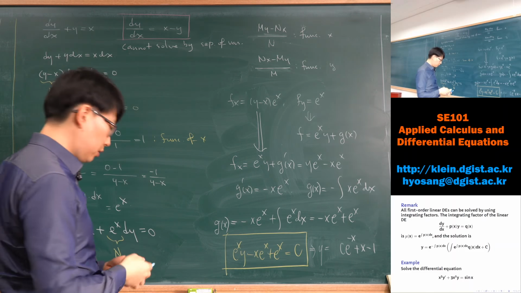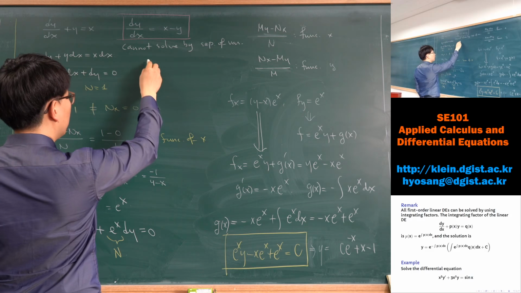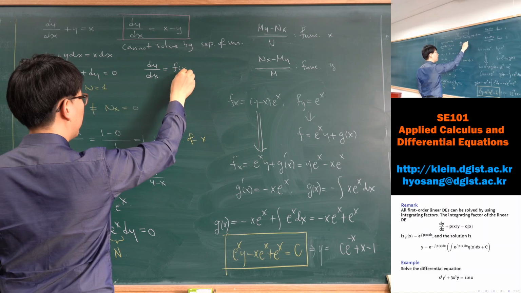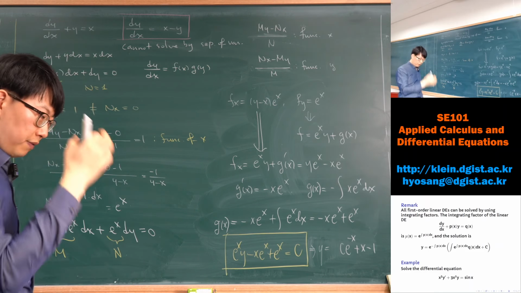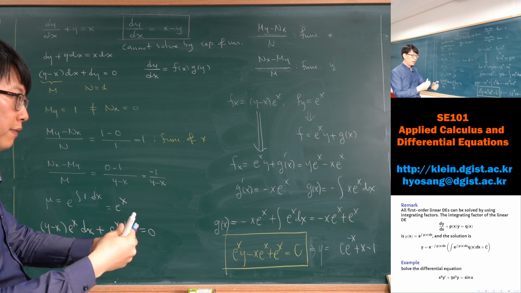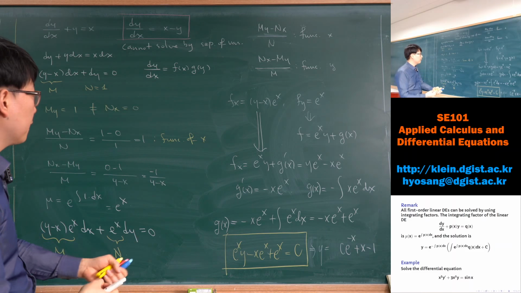When you try to solve your equation by separation of variables, you need to have this type of formula, so f of x and g of y. You have the product of a function of x and a function of y, or a fraction of a function of x and a function of y.